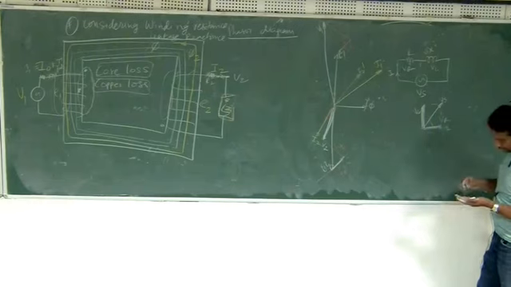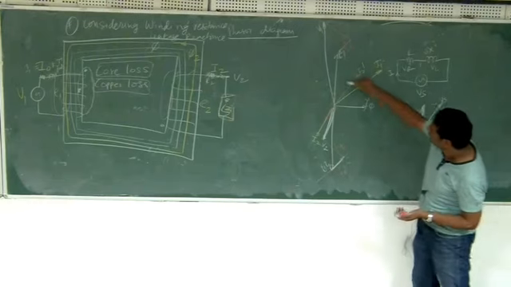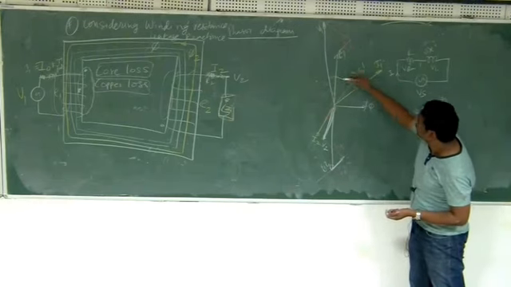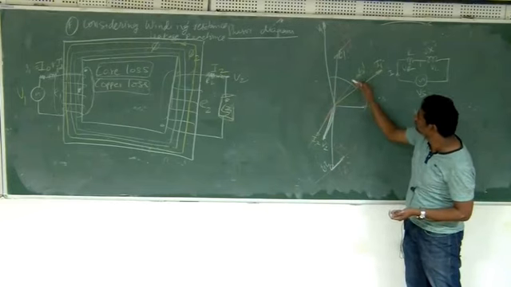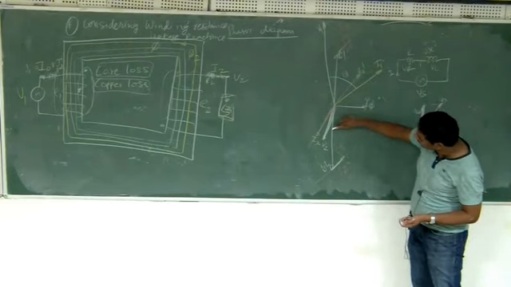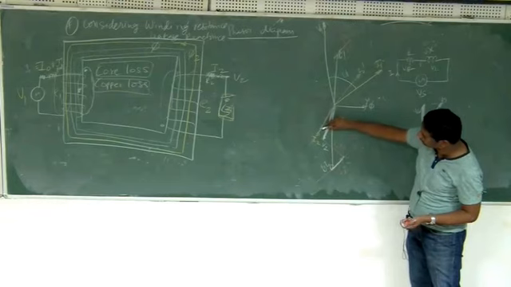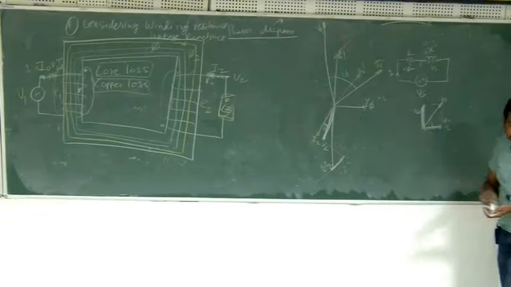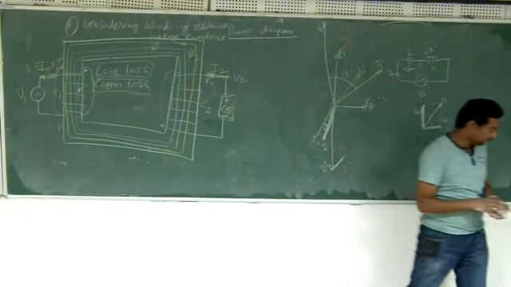If you look at this angle, this is the angle between terminal voltage V1 and I1, phi 1. Here the angle between V2 and I2 will be this one. So both power factors will be somewhat different. You can see that.